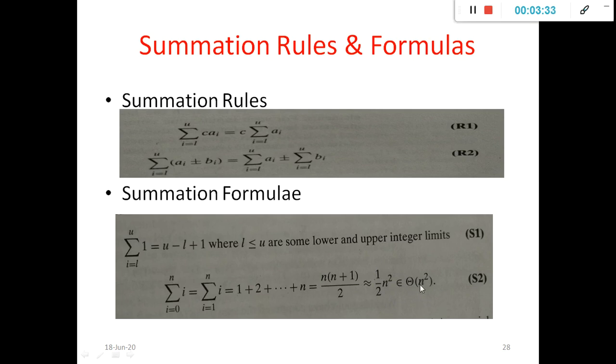This is the efficiency class, and this is called summation formula 2. And these are the four basic summation rules and formulas most widely used in mathematical analysis of non-recursive algorithms.